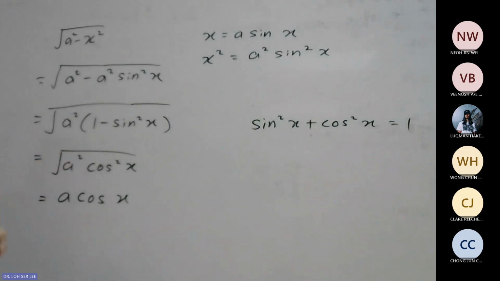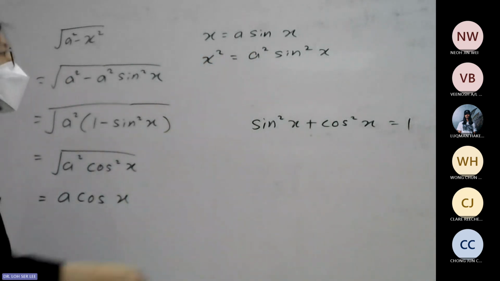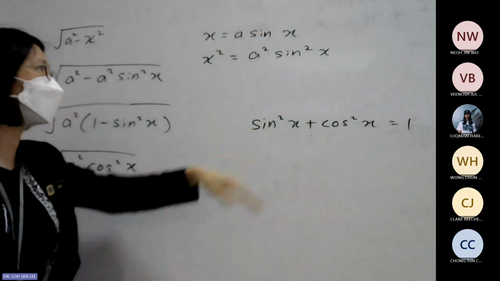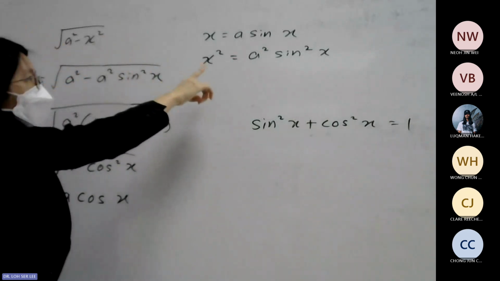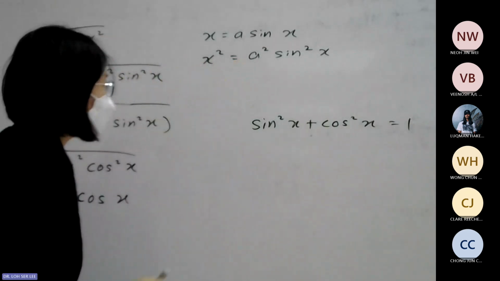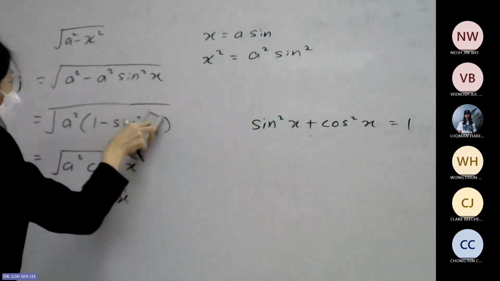For this example, actually, we can use either sine theta or cos theta, but we don't use cos theta because later on you have the dx, and you want to change dx into d theta. Sorry, this one should be theta.